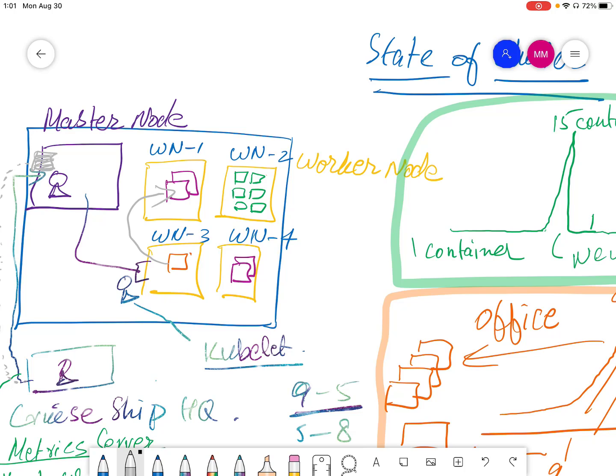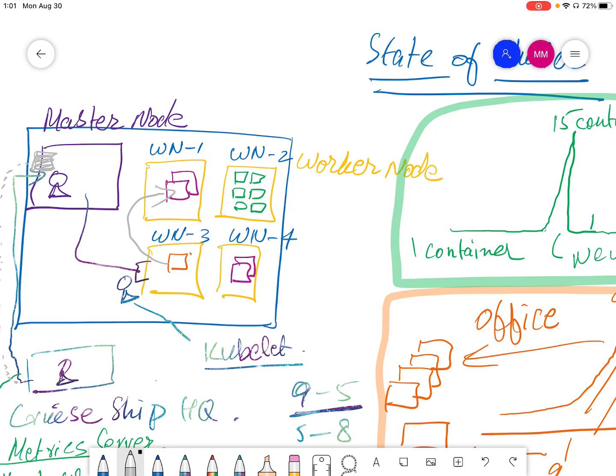Is it running on worker node 1? Is it running on worker node 2? Or worker node 4? Or it could even be on its own worker node, right? The container is running inside the worker node. So the state of the cluster is changing all the time, and we are finding it very hard.